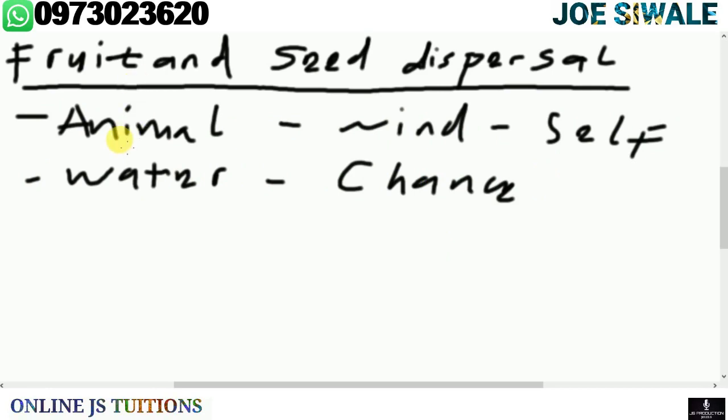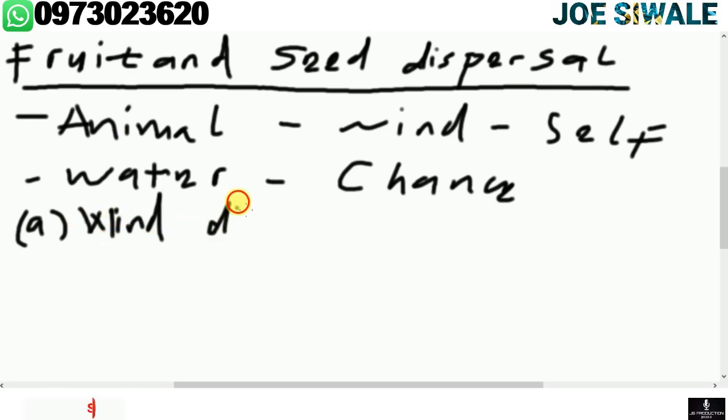So we are going to start with wind dispersal. Here the fruits and the seeds are small and light to enable them to be carried away by the wind. As the term suggests, wind dispersal means that the fruits and the seeds are dispersed by the wind, so they have to be light so that they can be carried by the wind.